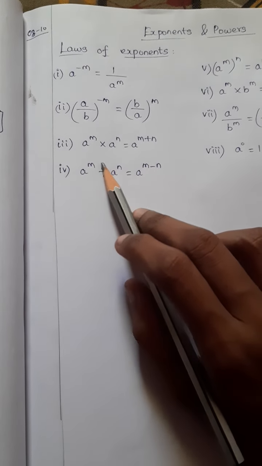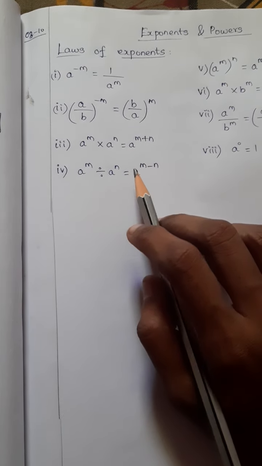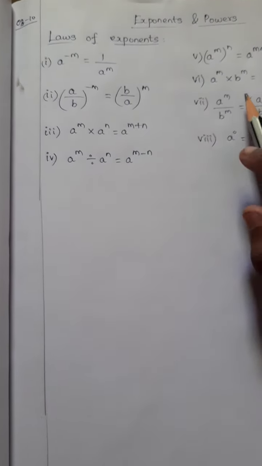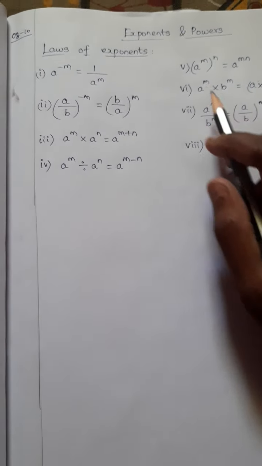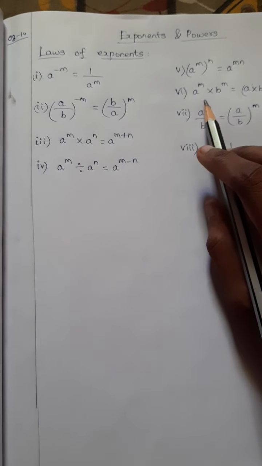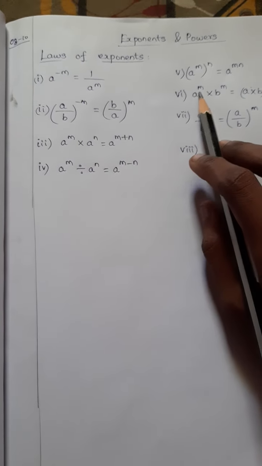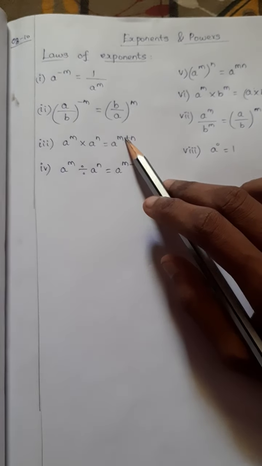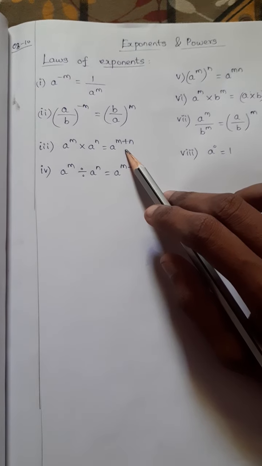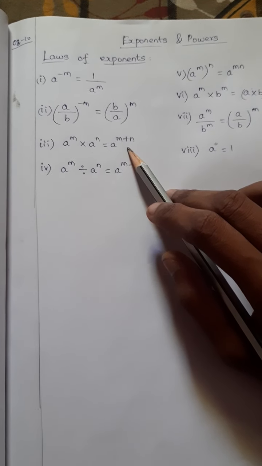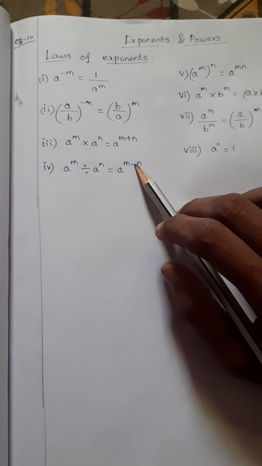See here, this third one and the sixth one are similar, but with one difference. Here the bases are same, there the powers are same. So that is why I told you, if the bases are same in multiplication, powers can be added; if the bases are same in division, powers can be subtracted.